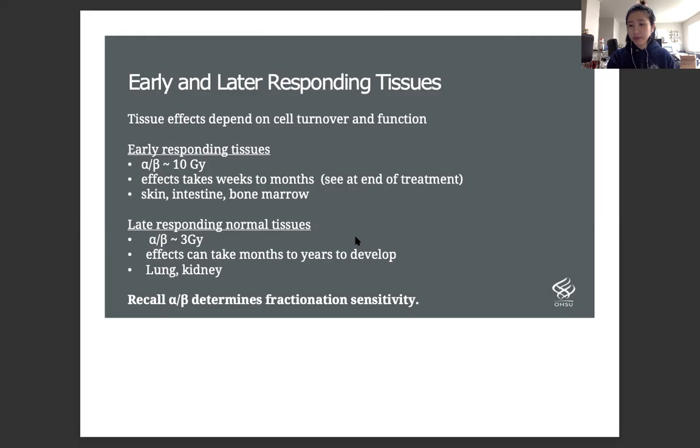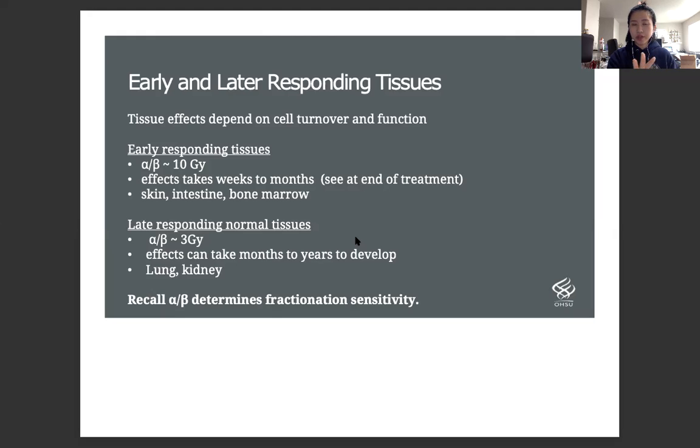There are 3 specific types of tissue that I listed in my chart, and it's going to help you remember the names of these types of tissues later on. And for late responding normal tissue, so this is for normal tissue though. This is not tumor tissue.